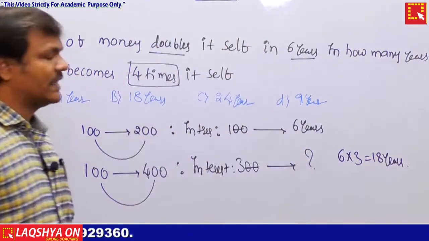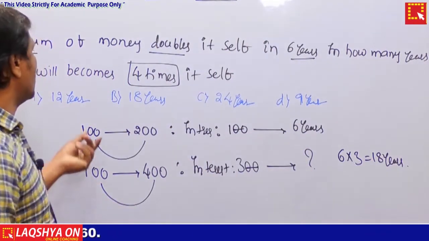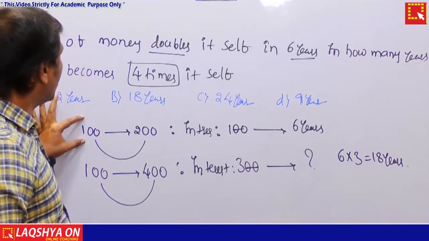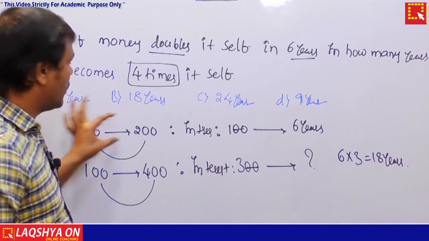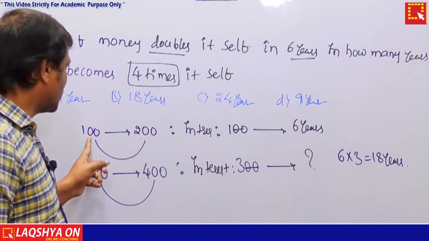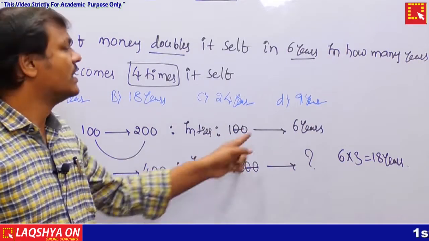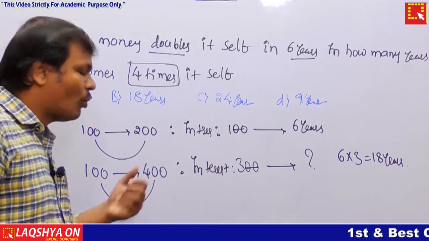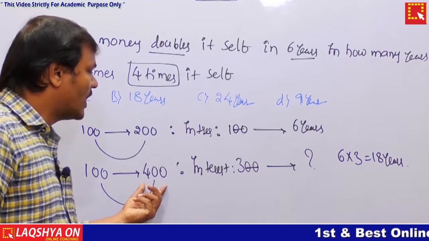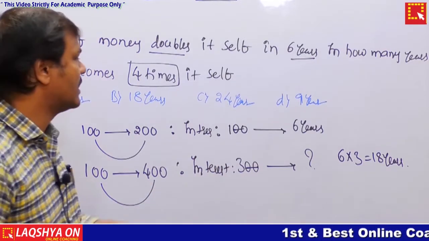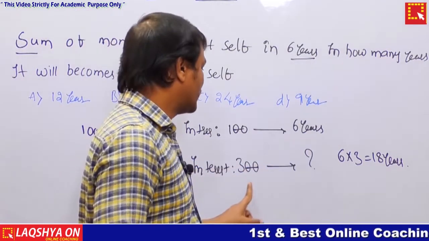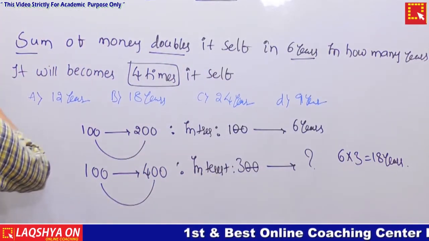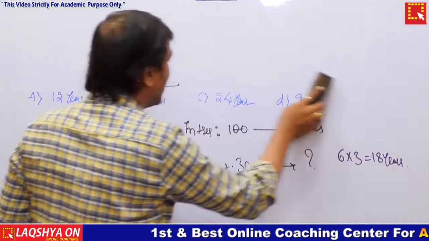So for 100 it was 6 years, for 300 it is 18 years. It was 18 years.